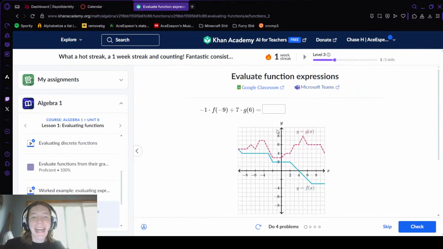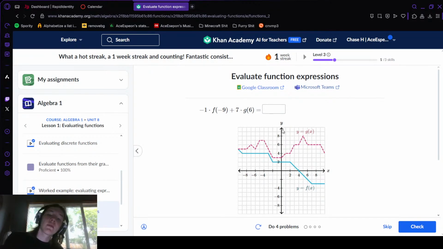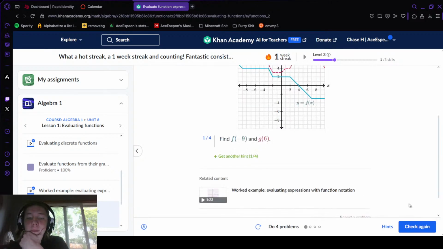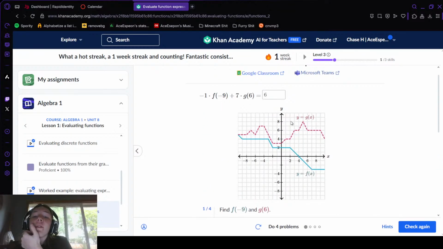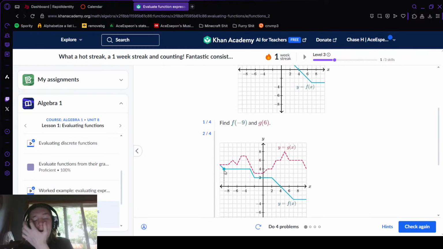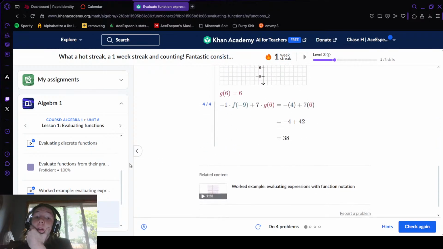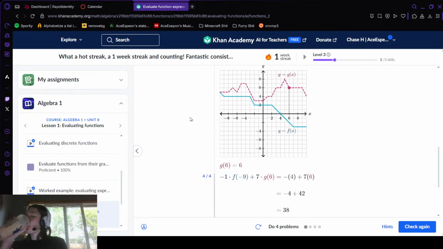Let's go. I don't know. I prefer reading things. F negative 9? Oh, F negative 9. Hmm.